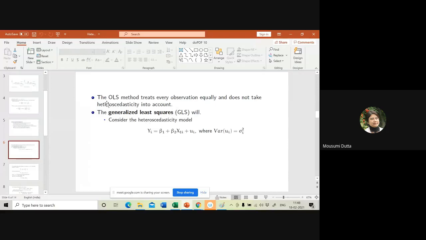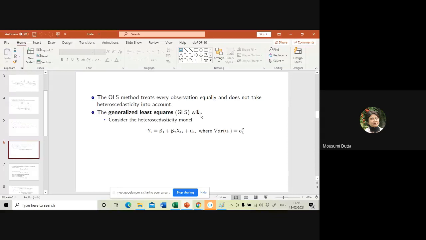The OLS method treats every observation equally and does not take heteroscedasticity into account. So we can make this kind of conclusion. Therefore, we have to change the method of estimation here. We have to move to the generalized least square estimation technique.